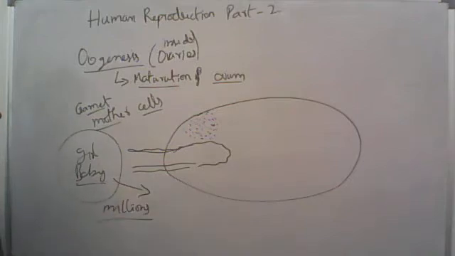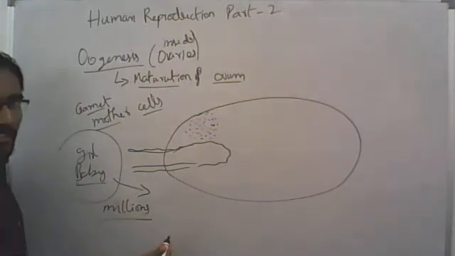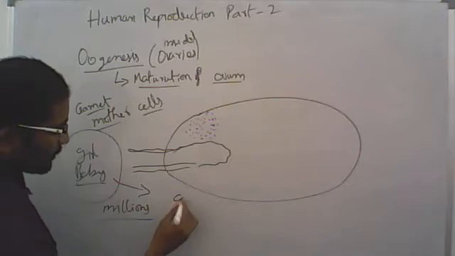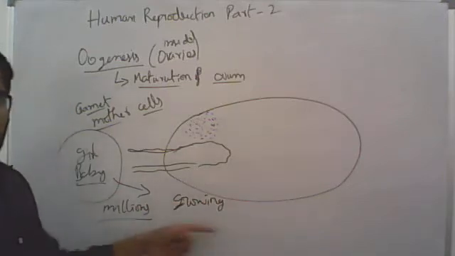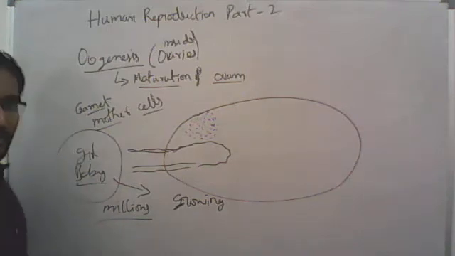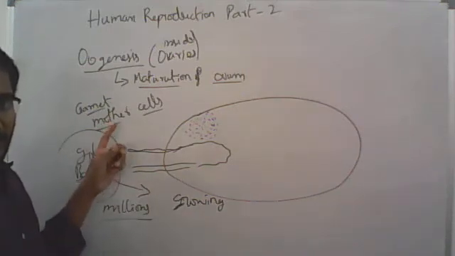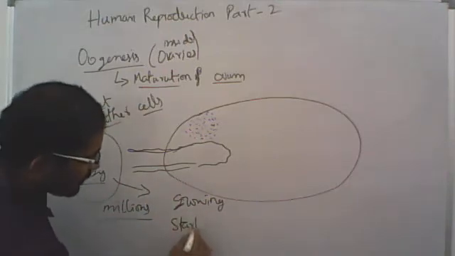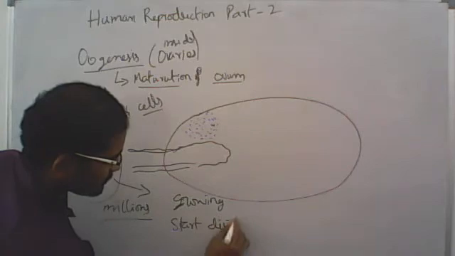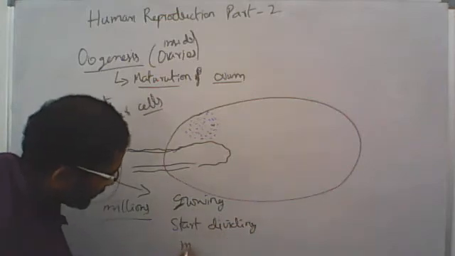Once the baby is born and is growing, during the growing time the millions of gamete mother cells start dividing mitotically.